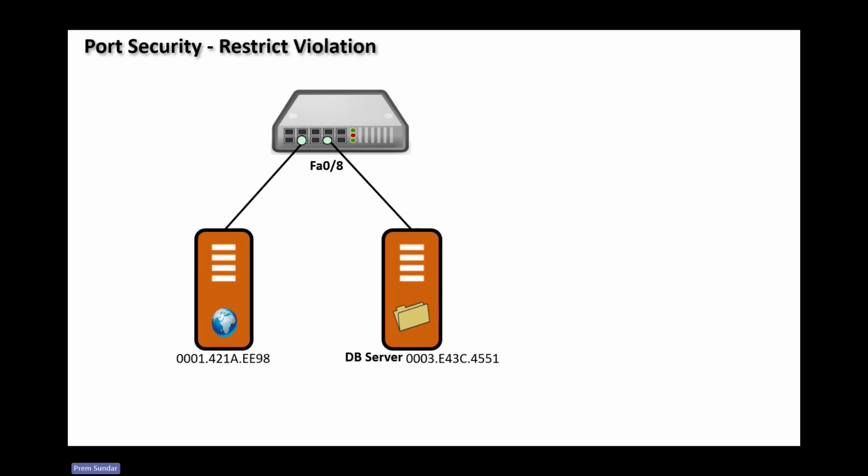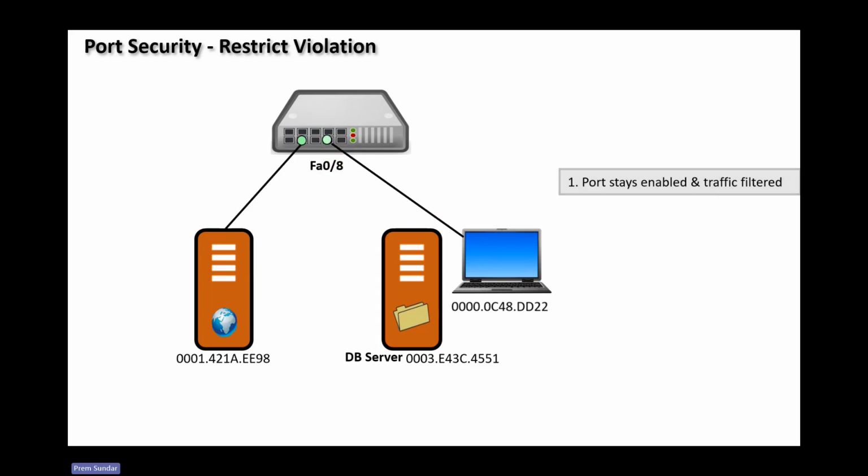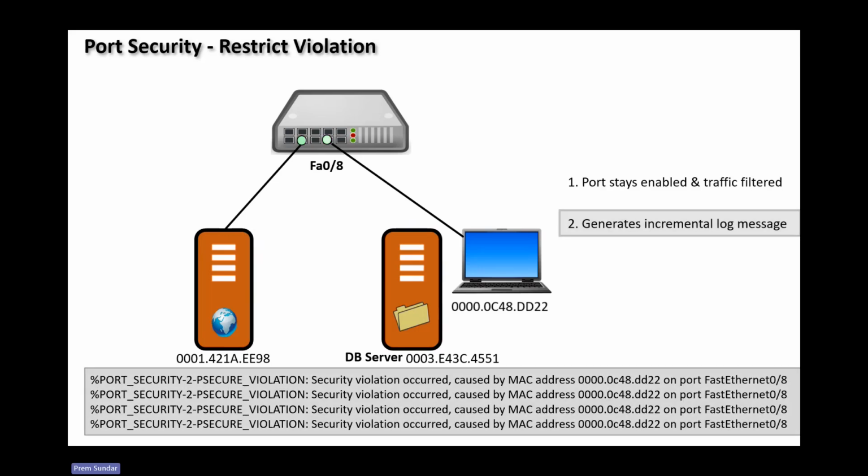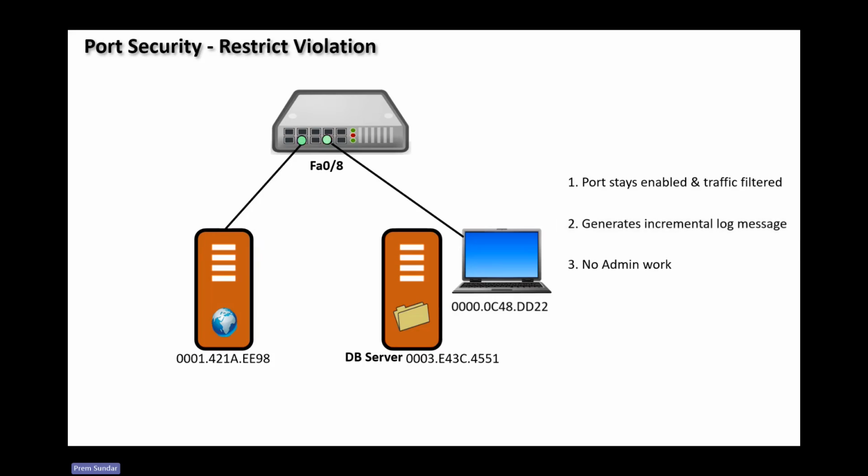If we configure the security action as restrict, then the switch drops frames from unauthorized MAC addresses, like from our laptop, and generates incremental log messages. The port remains in enabled state and therefore administrator intervention is not required.